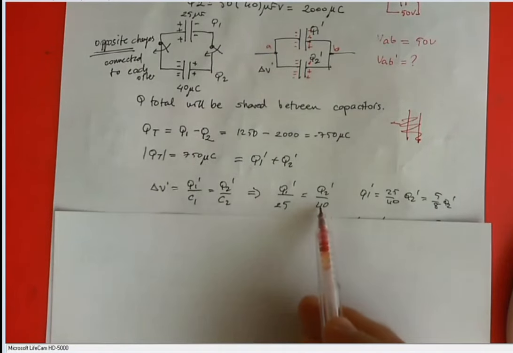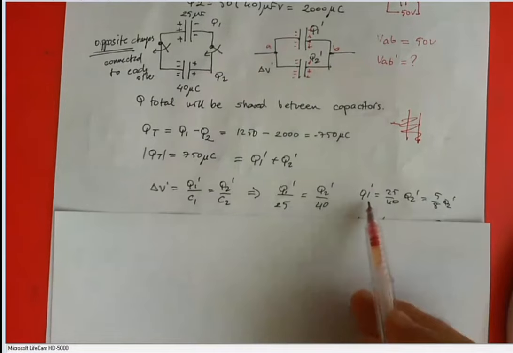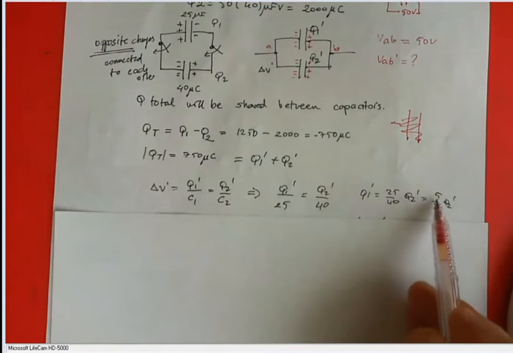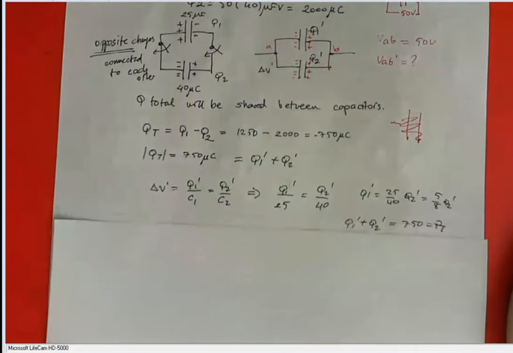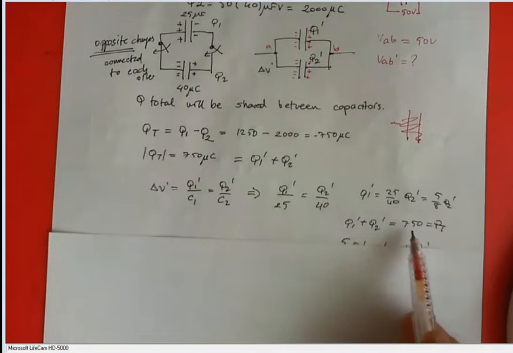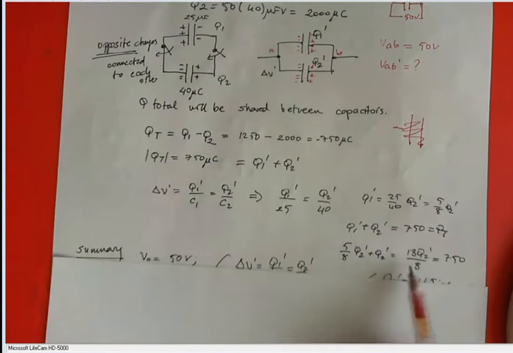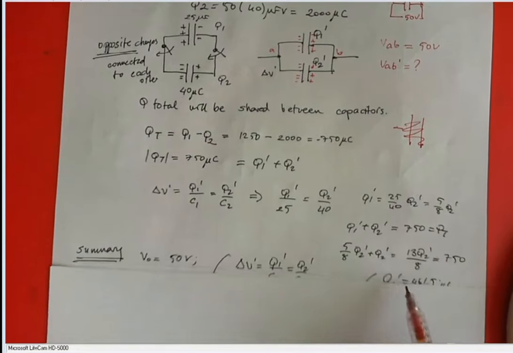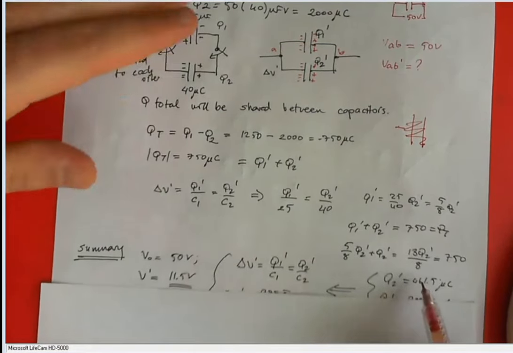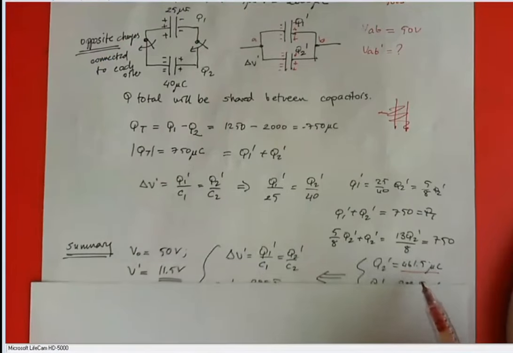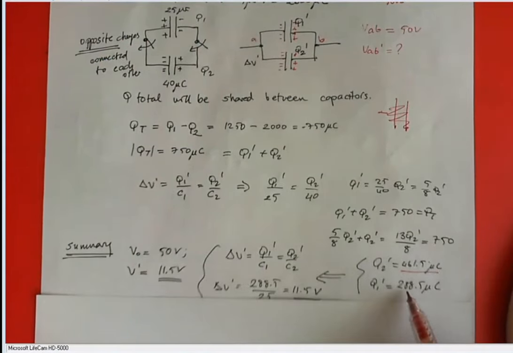Since we've plugged in the values of the capacitances, Q1 would be 25 by 40 of Q2, or 5 over 8. And we know the total charge is 750, and we can solve for Q2 here, and Q2 would be 461.5 microcoulomb, and Q1 would be 288.5 microcoulomb, which total 750.